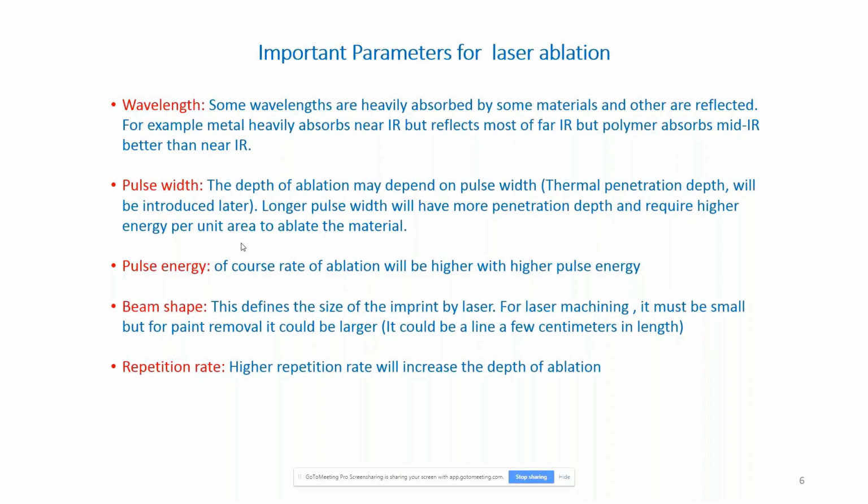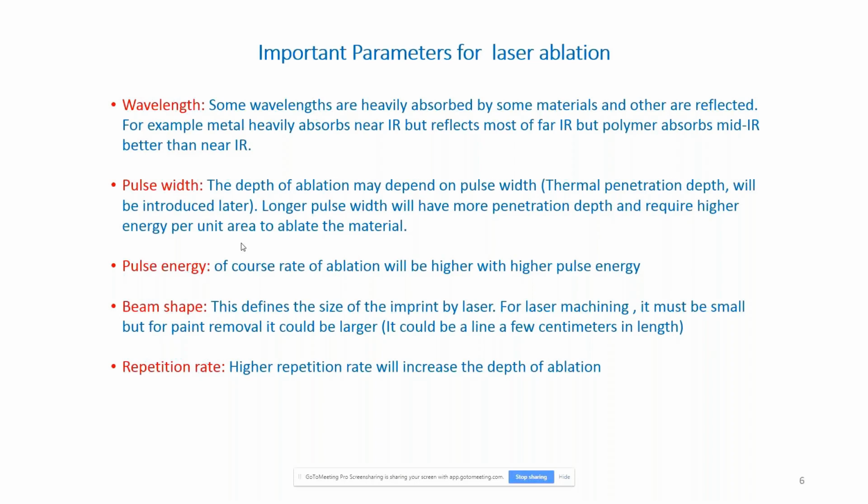So after a certain pulse width, you have to be careful to adjust the parameters and the pulse width you're choosing, because certain transitions take place. The heat penetrates the material more after a certain pulse width is exceeded. So I'll go over that later.